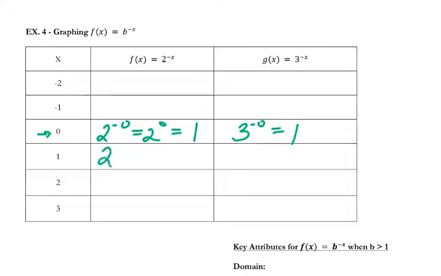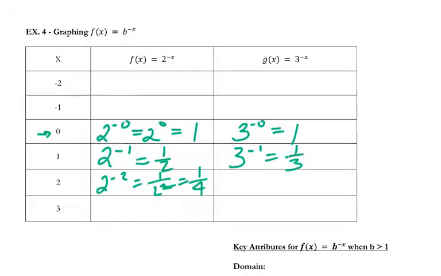Then we have 2 to the negative 1, which is 1/2, because the negative exponent puts the 2 in the denominator. We have 2 to the negative 2, 1 over 2 squared, which is 1/4. We have 3 to the negative 1, which is 1/3, 3 to the negative 2, which is 1/9.